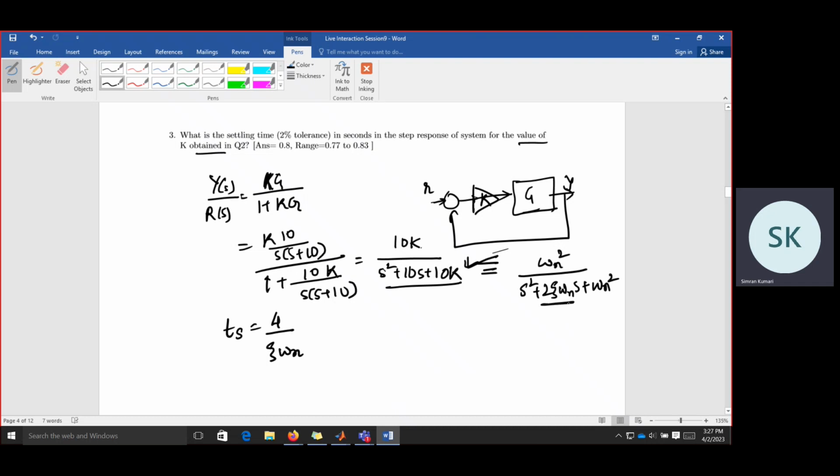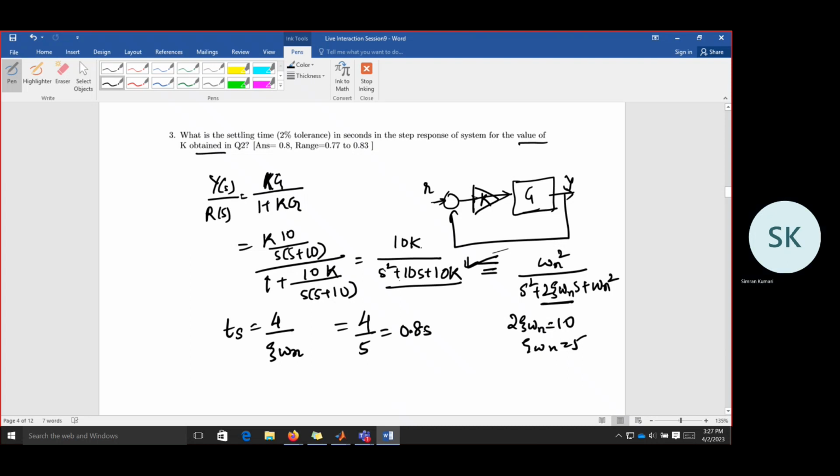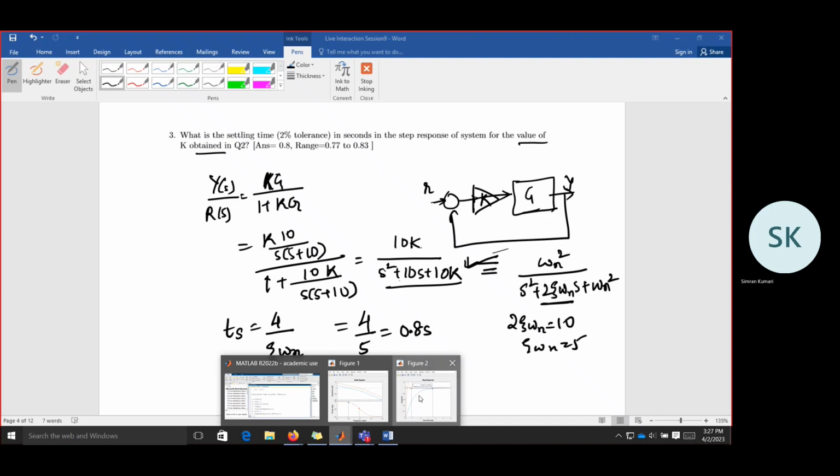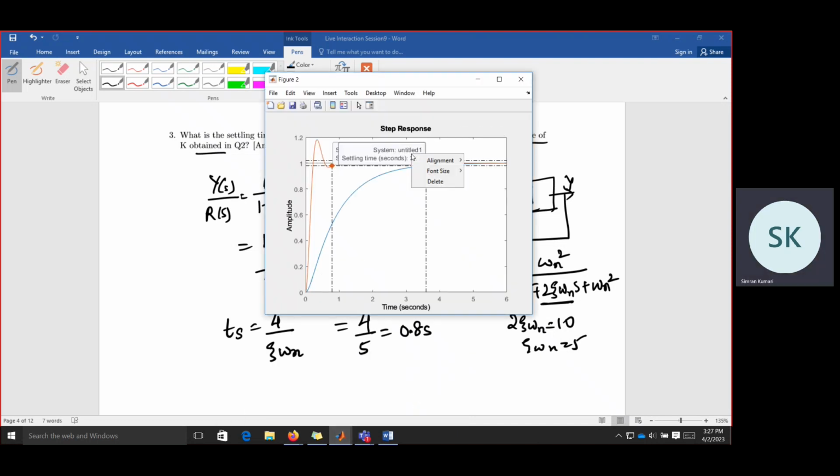So we know 2 zeta omega n is equal to 10 from here. If we equate these two, zeta omega n is equal to 5, and we have 4 by 5. So this is 0.8 seconds. Now what we have got is 0.787. So approximately this much is the settling time.